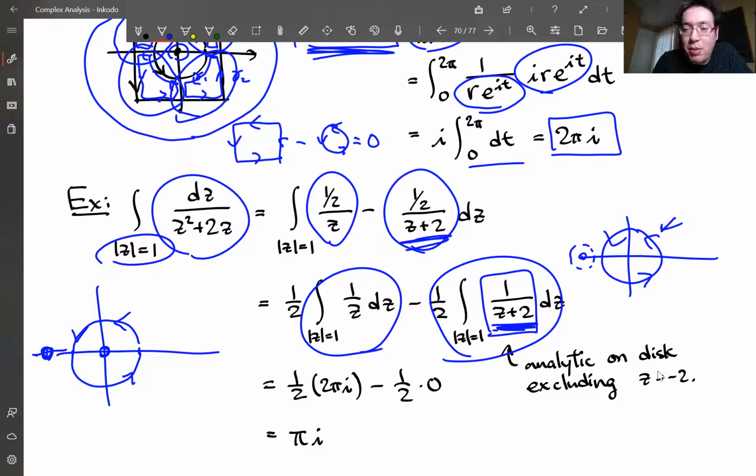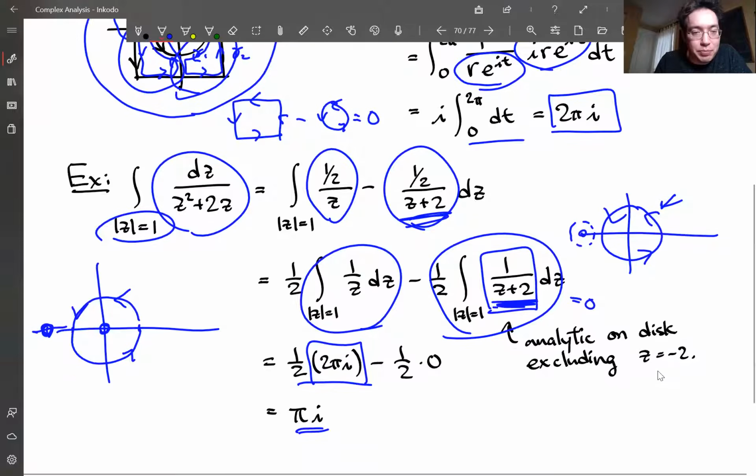So by the fundamental theorem of analytic functions, since it's a closed loop, the integral is equal to 0. We get that immediately. And then 1 over z, this does loop around the undefined point 0. So you do have to integrate, but we've already done that computation. It was 2 pi i. So because of the 1/2, we get pi i at the end.